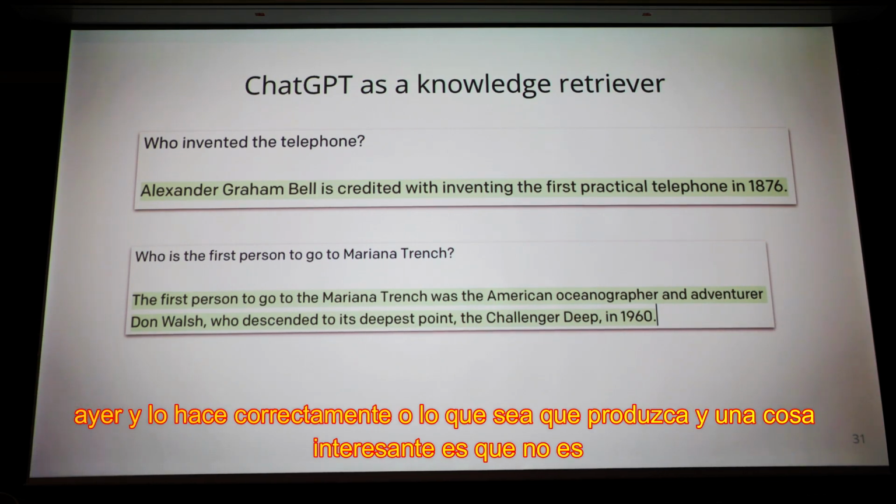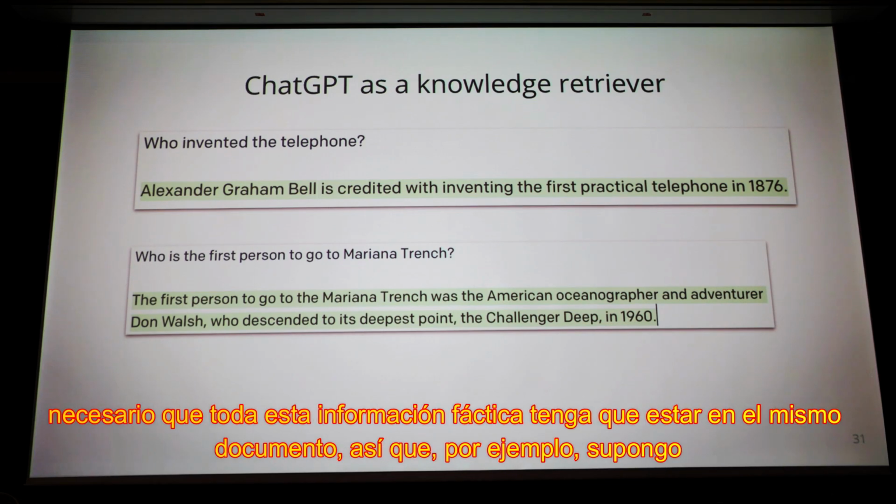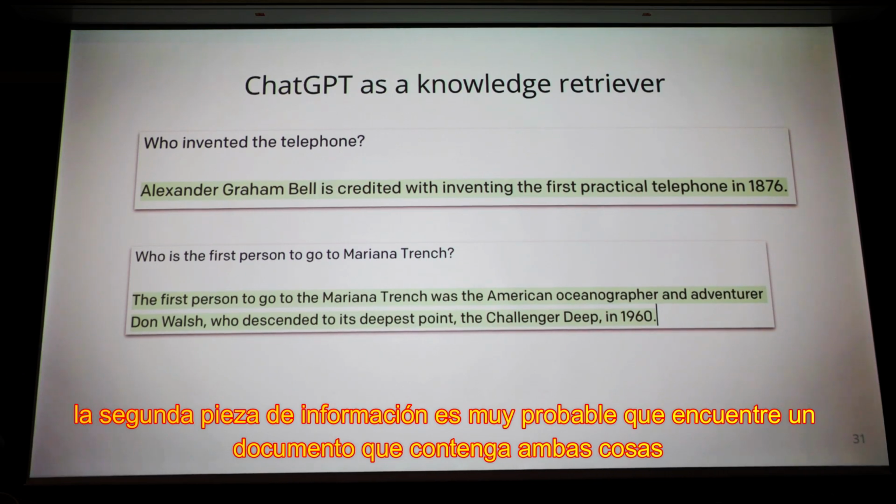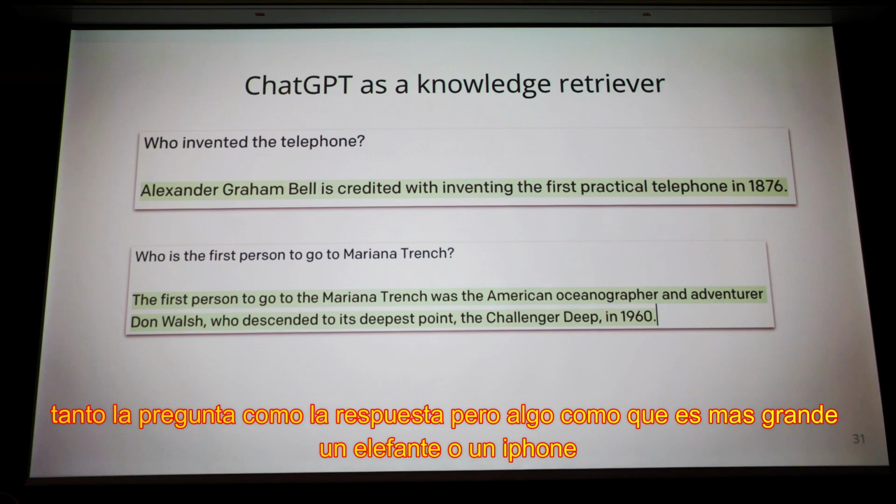Whatever it outputs. And one interesting thing is it's not necessary that all this factual information has to be in the same document. For example, for the inventor of the telephone being Alexander Graham Bell, you'd most likely find a document which contains both the question and the answer.